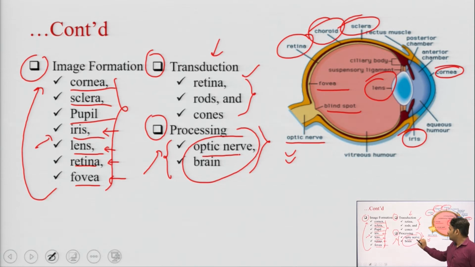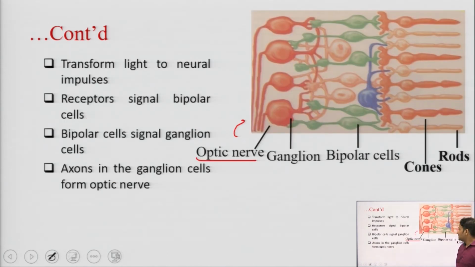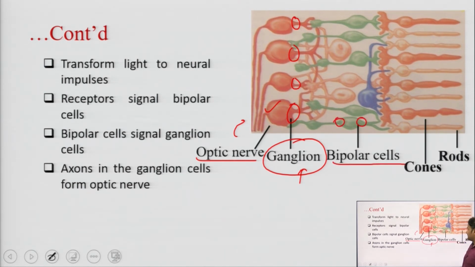So, how the optic nerve and brain work with each other, that thing we are talking about in this slide. These are the optic nerve, right side, right portion, ganglion, this portion is called the ganglion, and each and every optic nerve is present at that ganglion. The bipolar cell is useful to form a bridge between cones and ganglion.